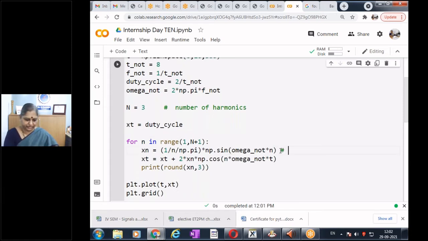So let me put that Fourier series coefficients, whereas this is the harmonic term.